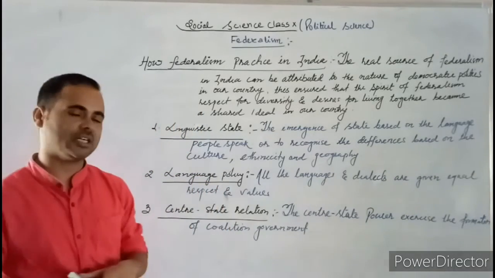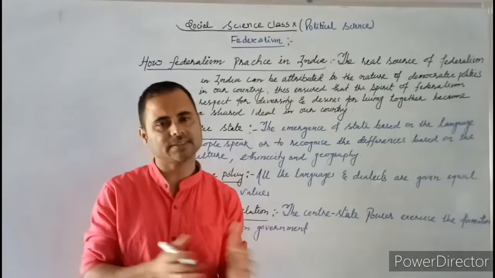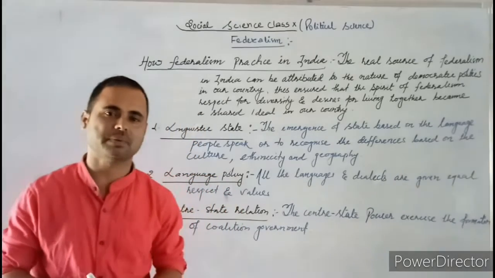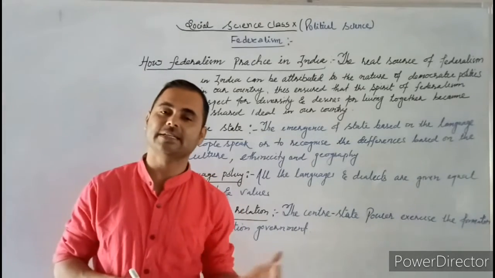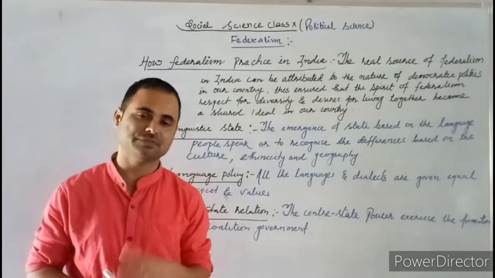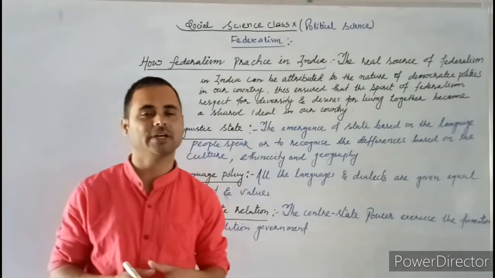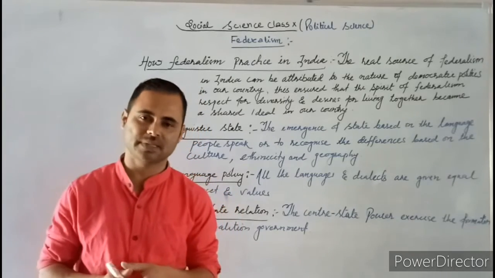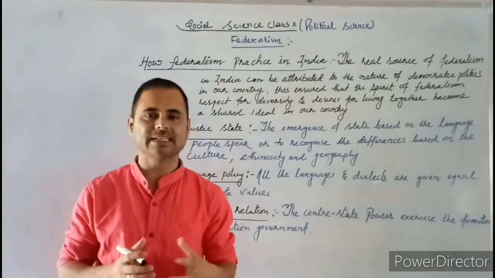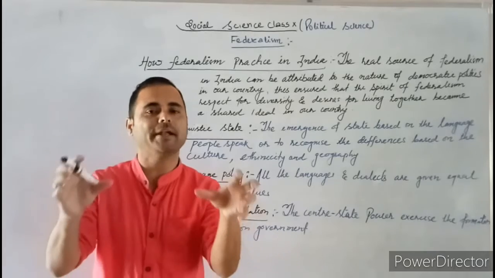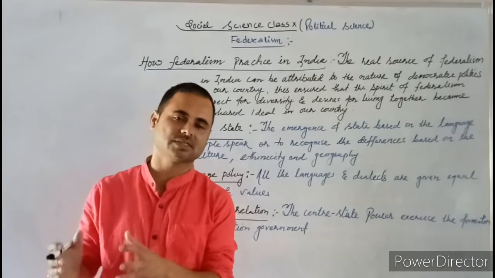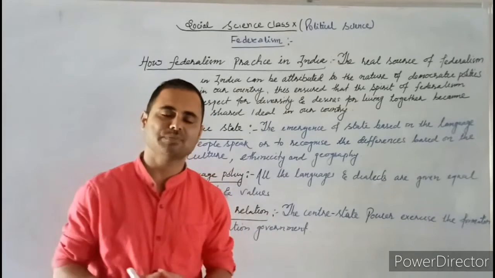Finally, the center-state relation. If you see the distribution of power, the center enjoys 97 subjects on which it makes laws, and the states enjoy only 66 subjects on which they make laws. From the point of view of the distribution of subjects, it seems the center is more powerful.